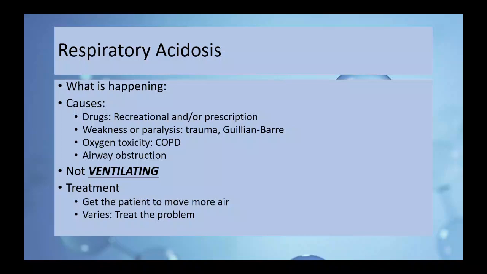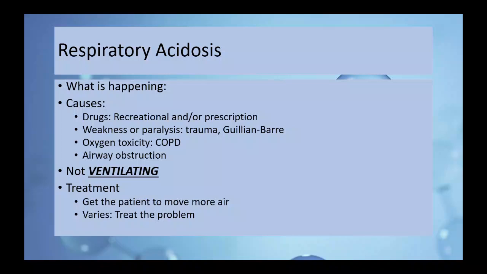Other conditions such as paralysis, as in a cervical fracture, Guillain-Barré, we discussed in class. And then there are conditions which, by the nature of their condition, foster retention of CO2, such as emphysema, which is one of the COPD conditions. Obviously, a complete airway obstruction would have the same effect.